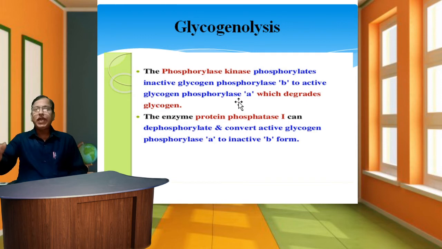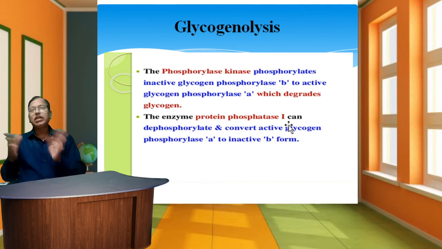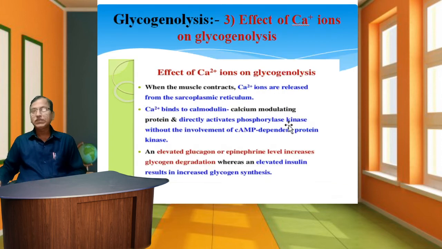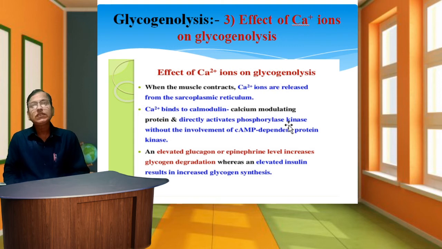Also, the active and inactive forms are converted by protein phosphatase, which dephosphorylates and converts active glycogen phosphorylase A to the inactive B form. The last effect controlling this process is the effect of calcium ions on glycogenolysis.